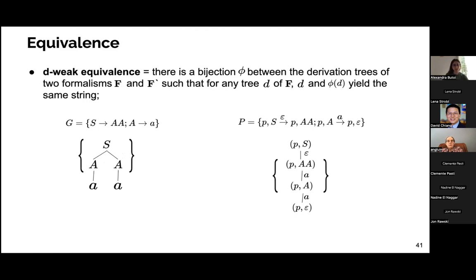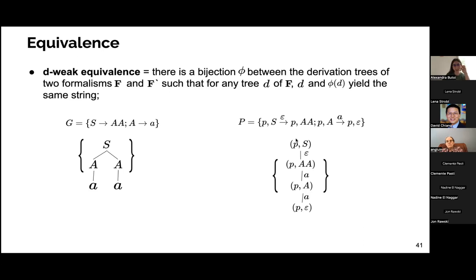But if we have a context-free grammar, one that has a rule S goes to AA, and another rule A, capital A goes to small a, this grammar has a single derivation tree which produces a string aa. And if we have a pushdown automaton P that has these two rules, P that pops S and pushes AA and goes to P again, and then this other rule.